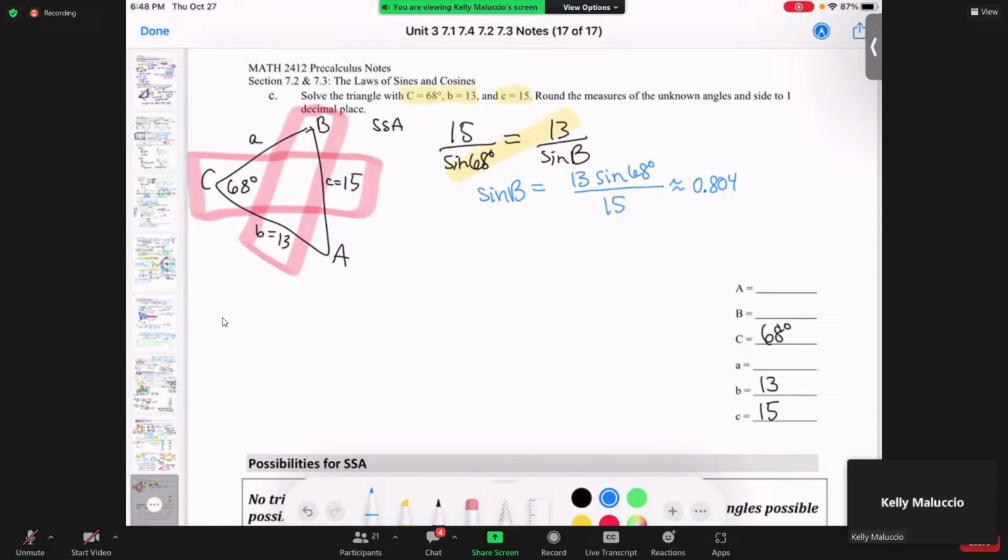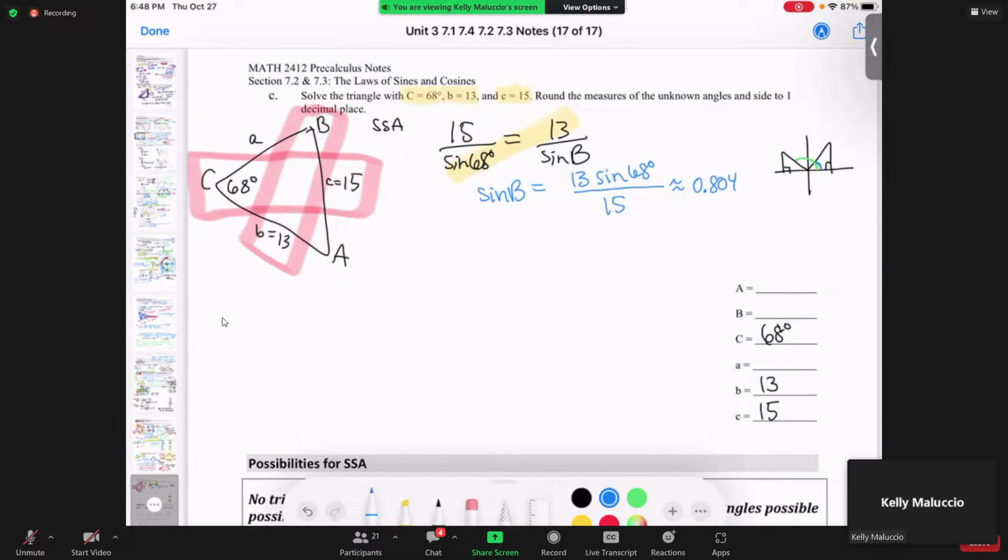This is the example I was thinking of where there is only one answer when you have side-side-angle, and the other answer doesn't work. So let's take a look. We could either have it going this way or this way. We could either have an angle here or the angle could be this whole angle here.